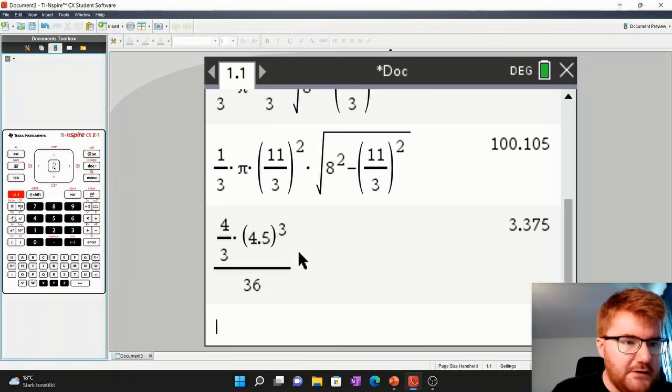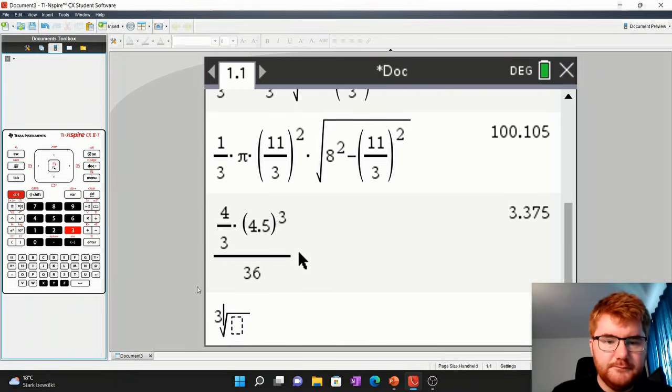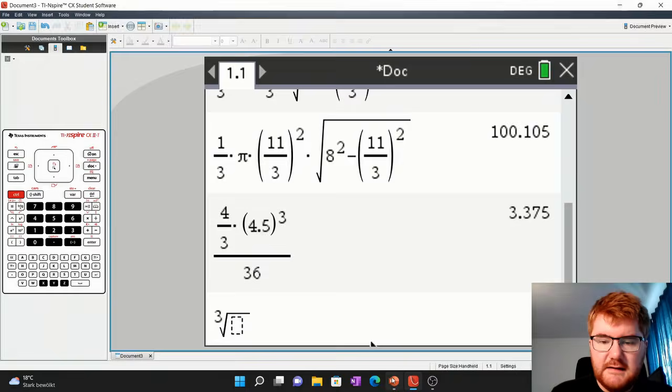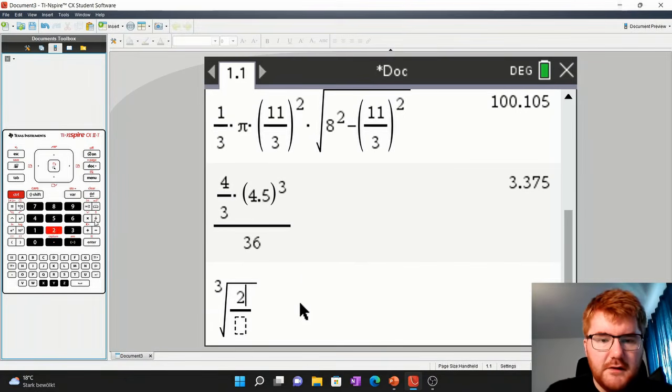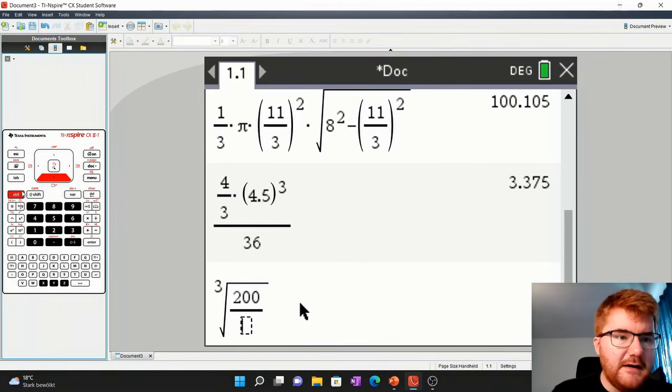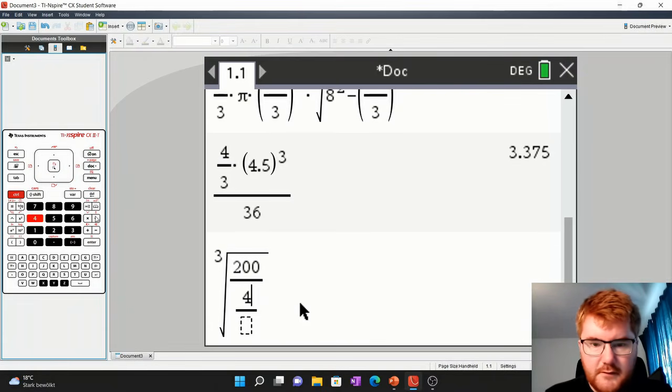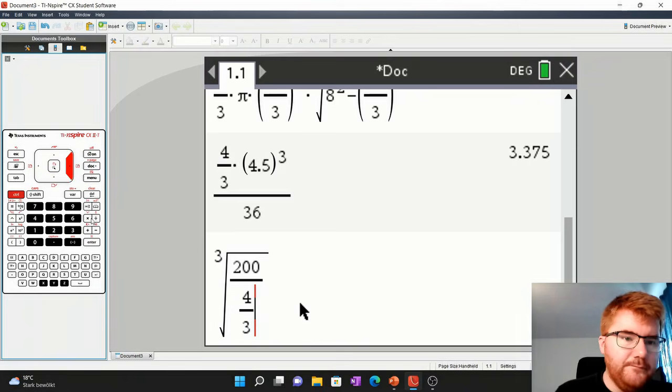Okay, so we want a cube root here. And let's see what we need. So we need a fraction for the 200. We need another fraction here. So 4 over 3 times pi.